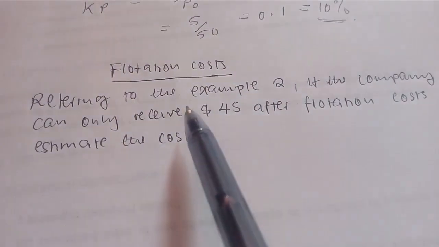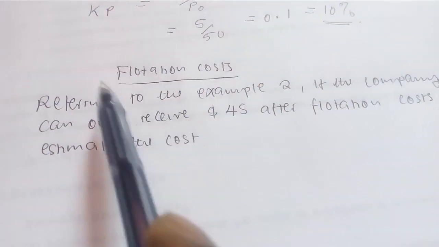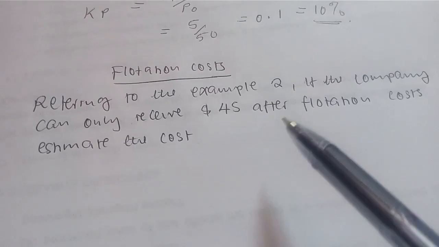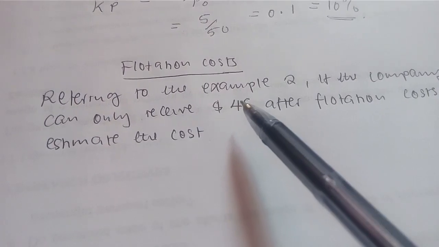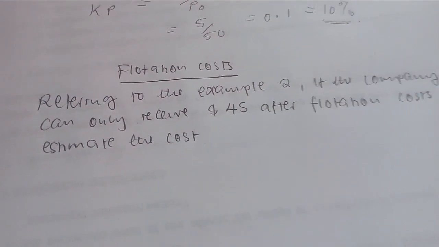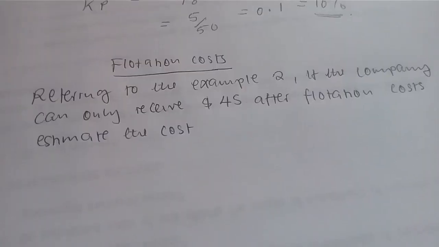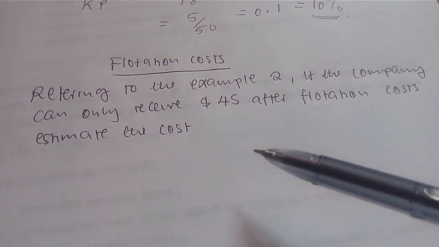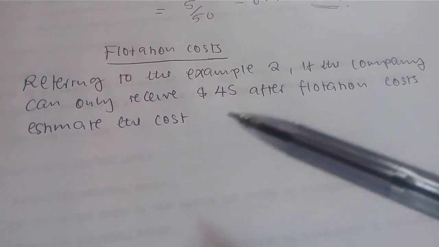So another scenario that we can have under preferred stock is when the flotation costs are involved. Like I was saying, these are simply the costs that are associated with bringing the stock on the market, such as the costs dealing with the registration of the issues and getting authorization from the authorities, engaging the stockbrokers, and other related costs.